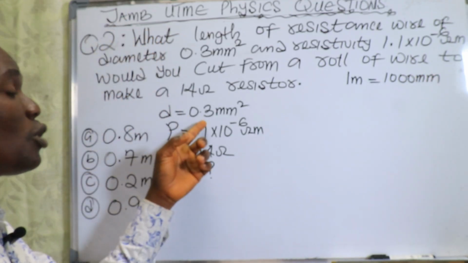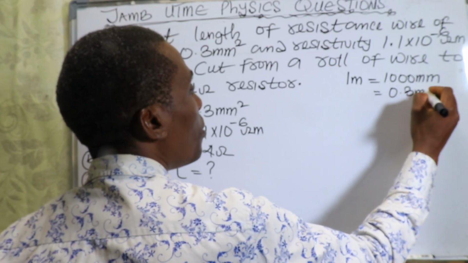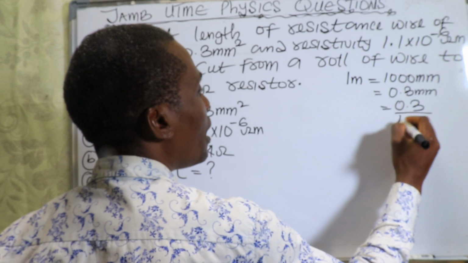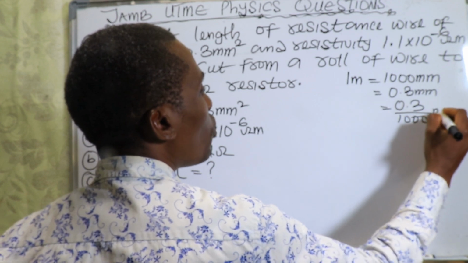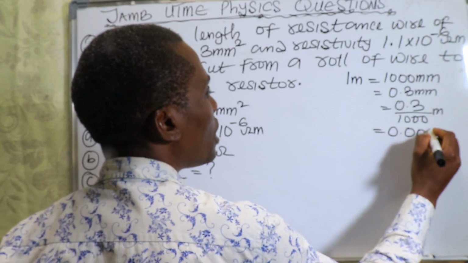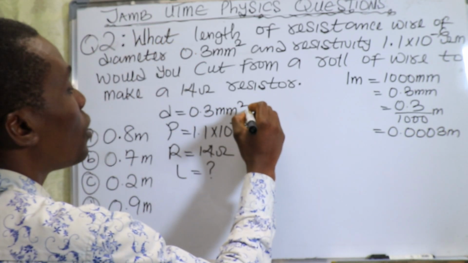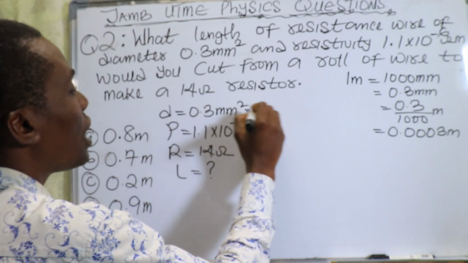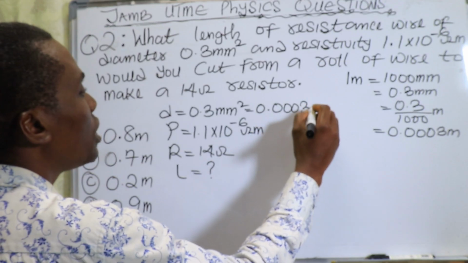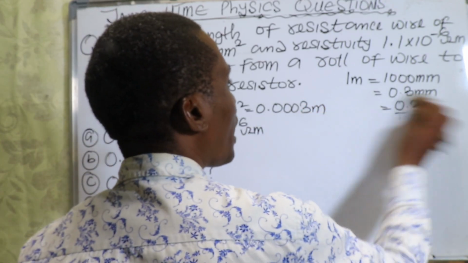So if you convert 0.3 millimeter back to meter, we go get 0.3 divided by 1000, and that one will be the answer in meter. So if we do that one, it will give us 0.0003 meter. So instead of the 0.3, we go put 0.0003 meter. That's now wetin we go get.